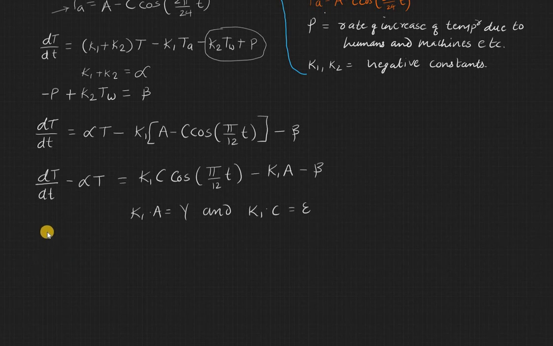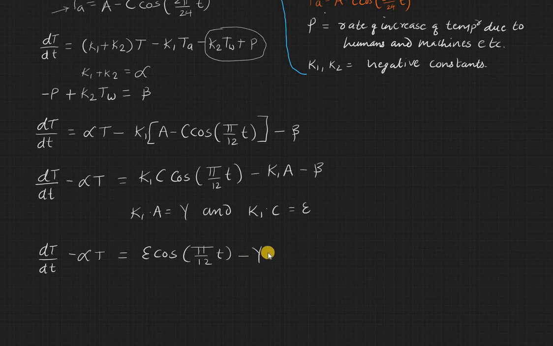So now our ordinary differential equation will be like this: dT/dt minus alpha T is equal to epsilon cos of pi by 12 t minus gamma minus beta.